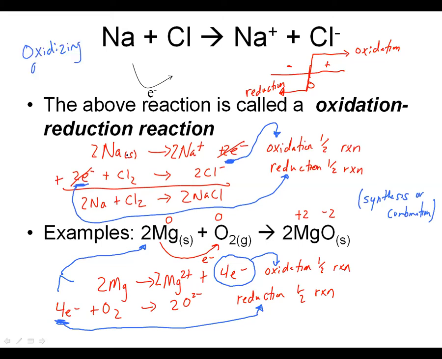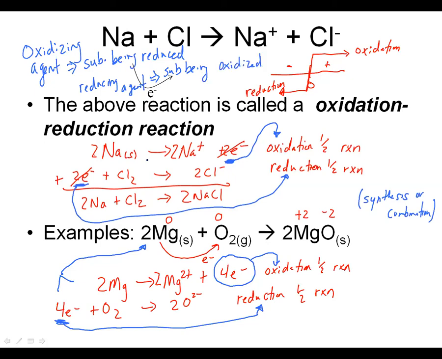And the reducing agent is the substance that is being oxidized. They're basically opposites of each other because they cause that effect in the other thing. The substance that goes through reduction is causing the oxidation in the other, while the substance that's being oxidized is causing the reduction of the other.